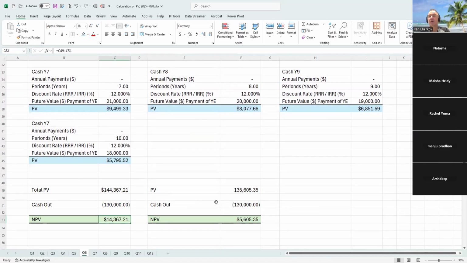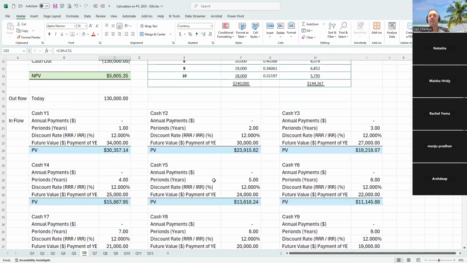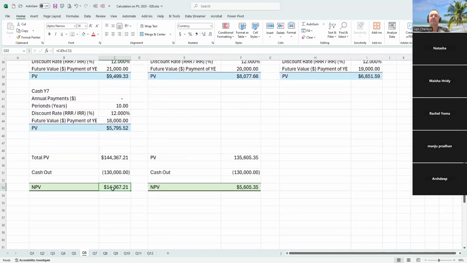So if you get $24,000 each year with no change, your net present value is only 5,605. But if you get an uneven amount, starting with the higher in the beginning and lower at the end, you're gonna get a net present value of 14,000.